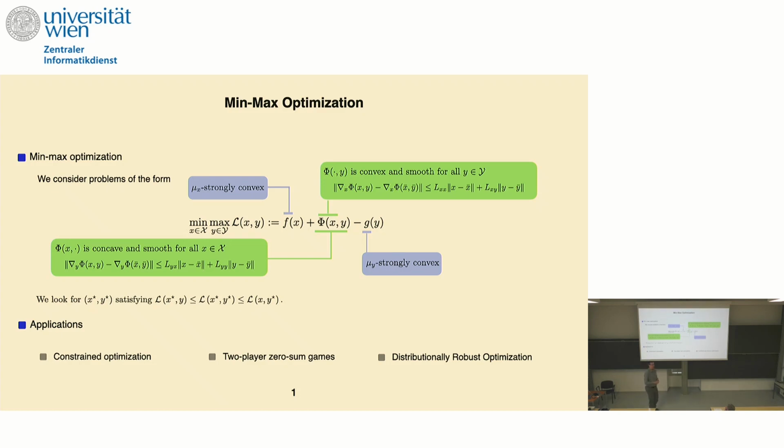And also in machine learning, we see a surge of applications of min-max problems. For example, one application would be distributionally robust optimization. Let's say you are learning a statistical model. The classic setup is you minimize the loss function. But what if you want to be robust against certain perturbations or deviations in the input data?